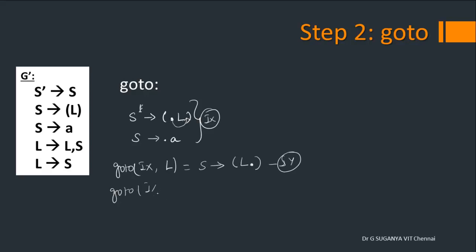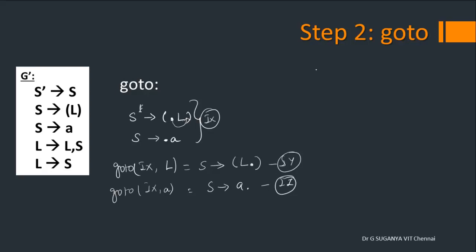Similarly, goto of Ix comma a: the dot is there, and in this particular state you can expect an a. So it will be S gives a dot, and I will call it Iz. So this is how you need to write goto.